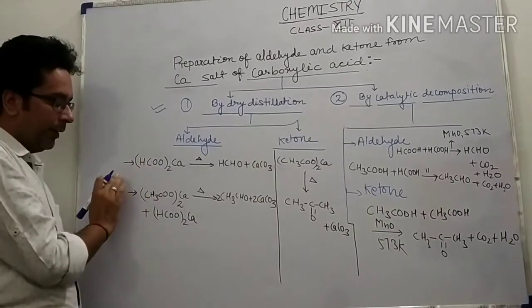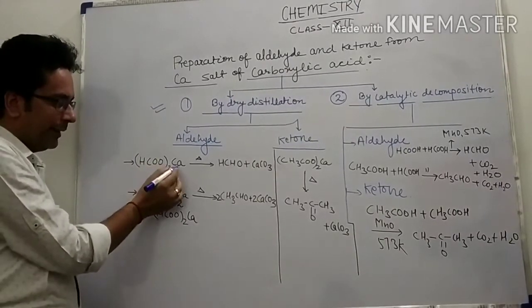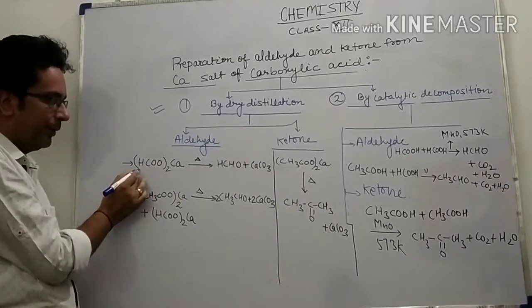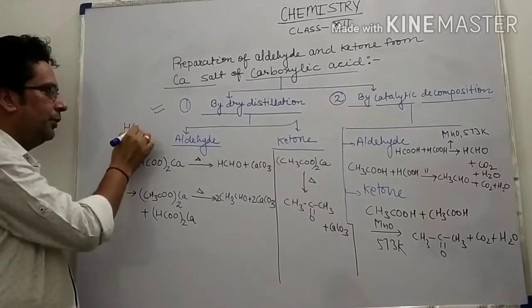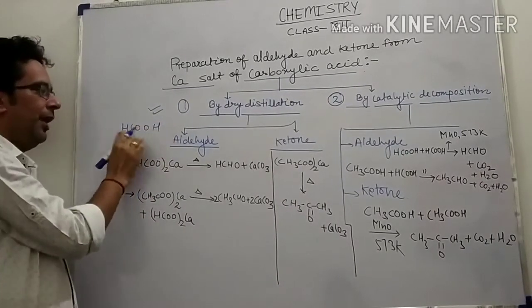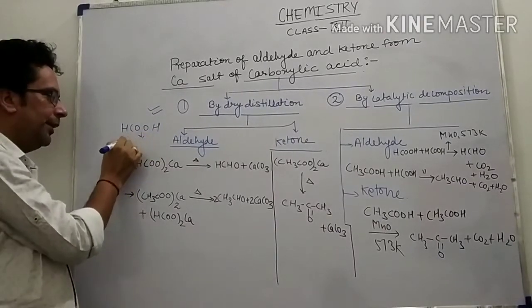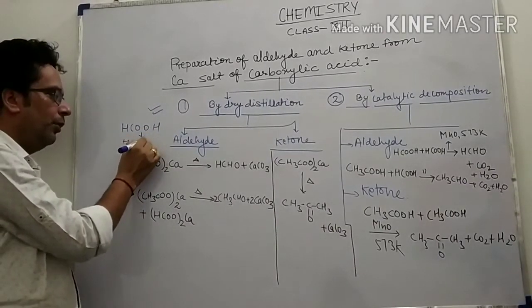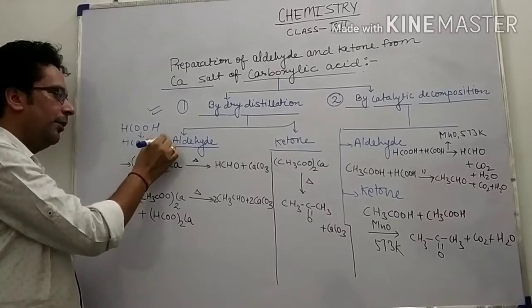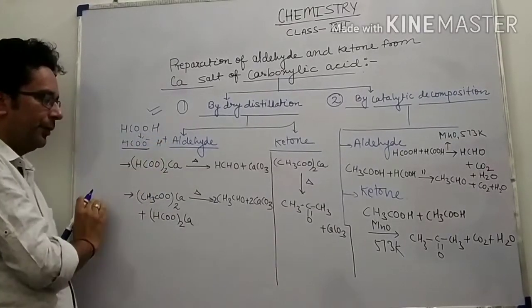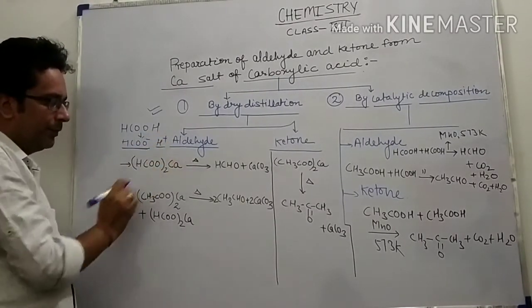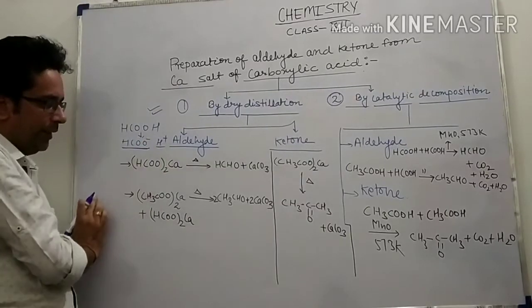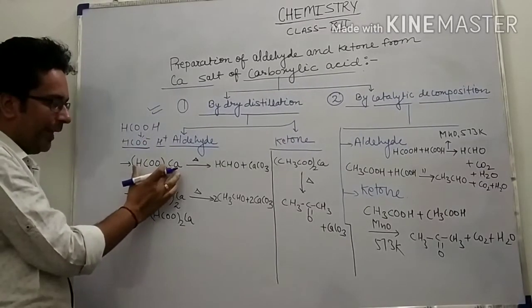The name of this compound is calcium formate. HCOOH is formic acid. When it dissociates, it gives HCOO minus and H plus, and this one is formate. Here calcium replaces the hydrogen ion, so the name of this compound is calcium formate.